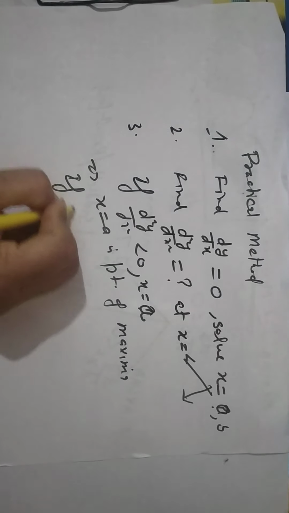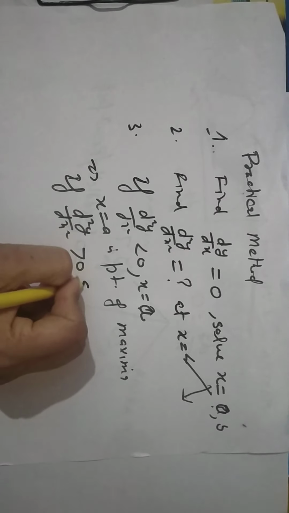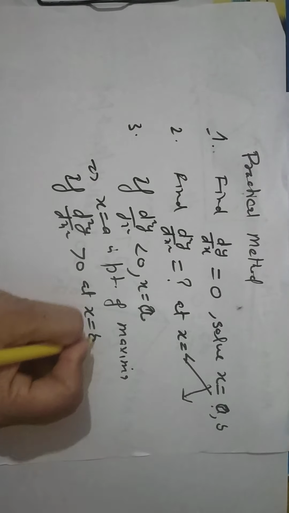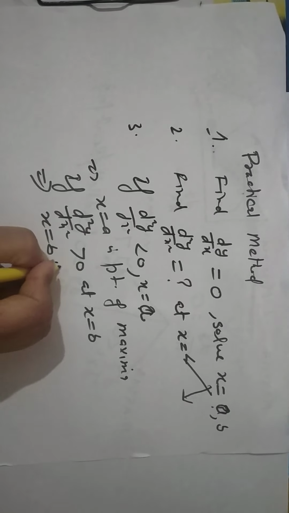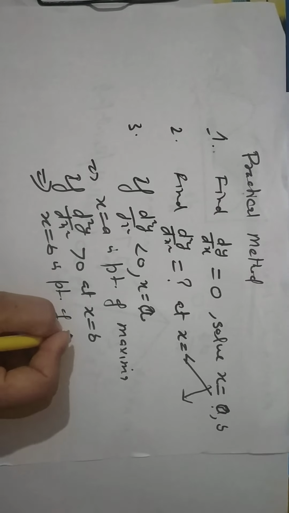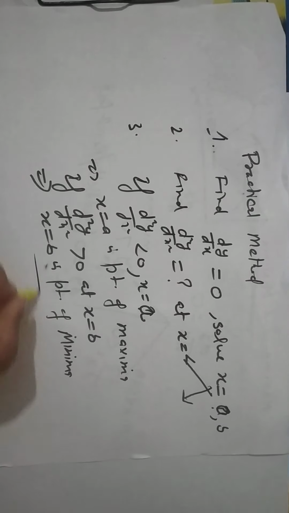And if the double derivative is positive at some point x equal to B, then we say that x equal to B is a point of minima. Now these are the points.